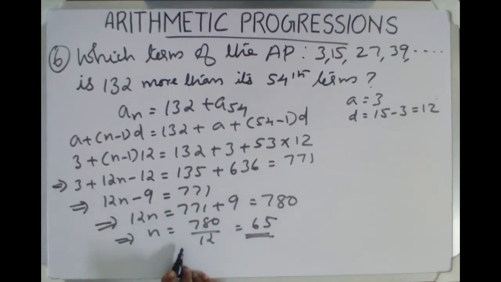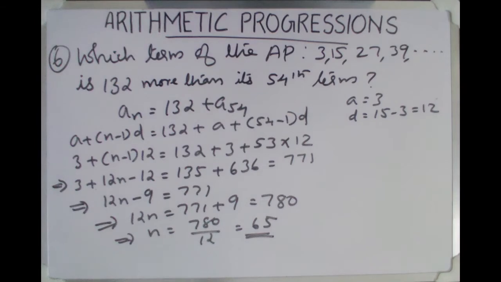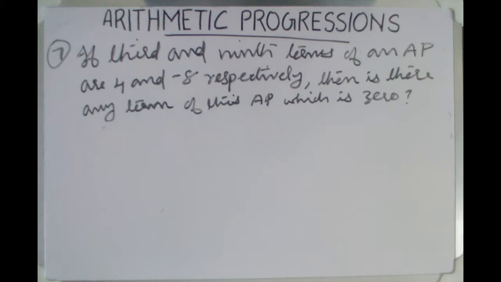Here we get the value of n. n is 65. So the 65th term is 132 more than its 54th term. This is the answer.